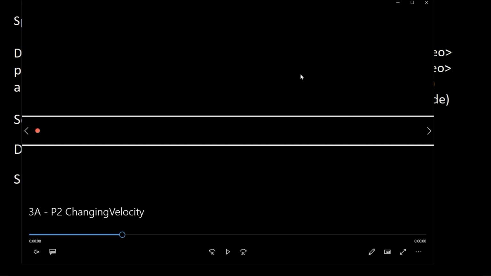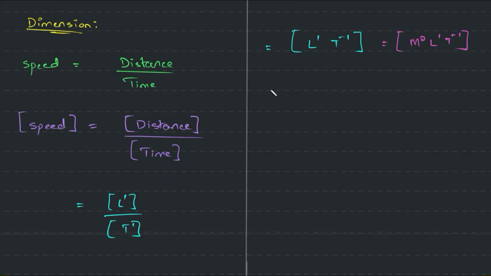If the speed is maintained, even then it's uniform speed. Let me put it this way. I'm now discussing uniform speed.